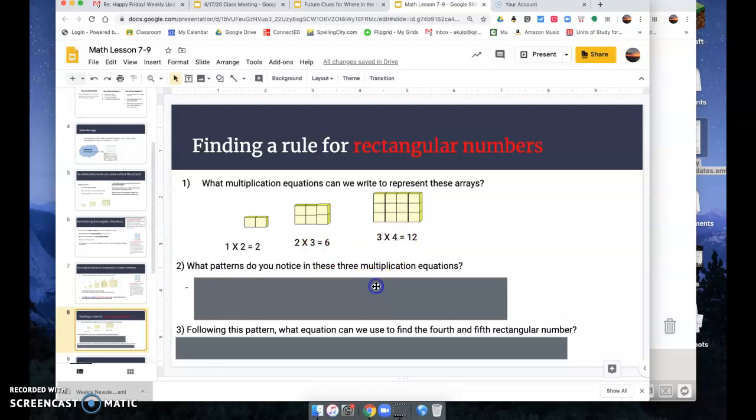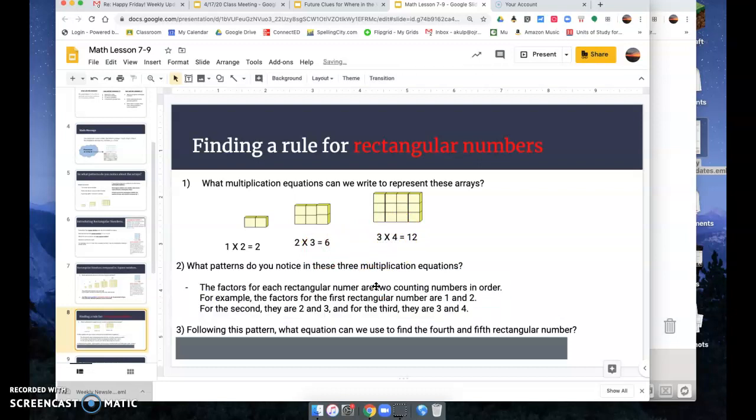I'm wondering, are you noticing that the factors for each rectangular number are two counting numbers in order? Think of counting numbers being 1, 2, 3, 4, 5, and so forth. The pattern here is that the two factors to find the rectangular number are two counting numbers in order.